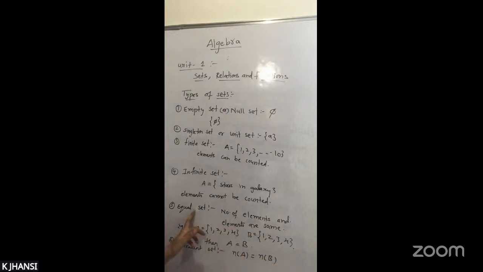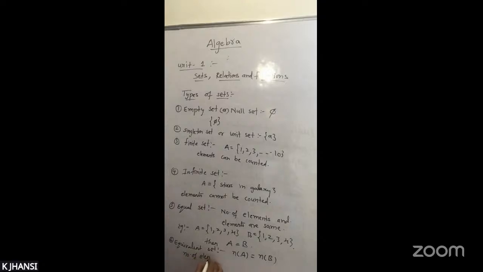Equal set means the number of elements should be equal and the elements should be the same. But equivalent means just the number. Elements may be different, but if the number is the same, then we call it an equivalent set.